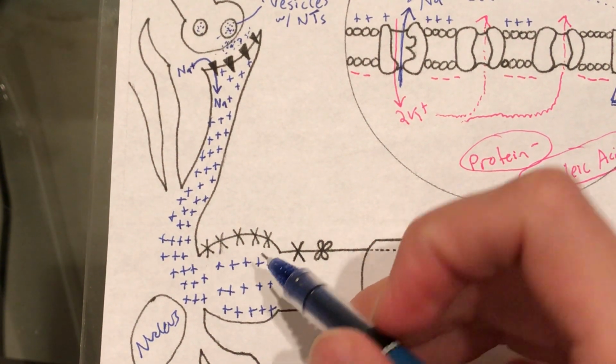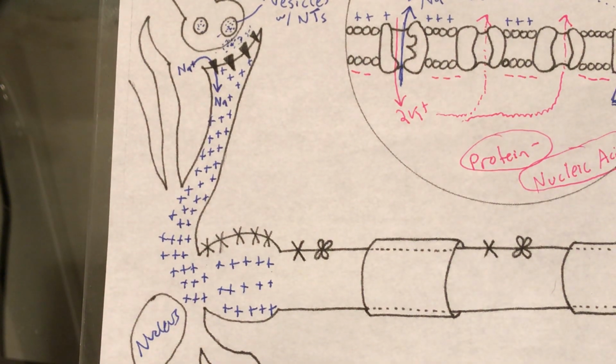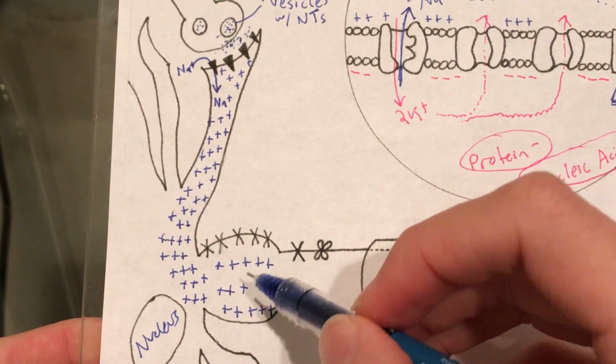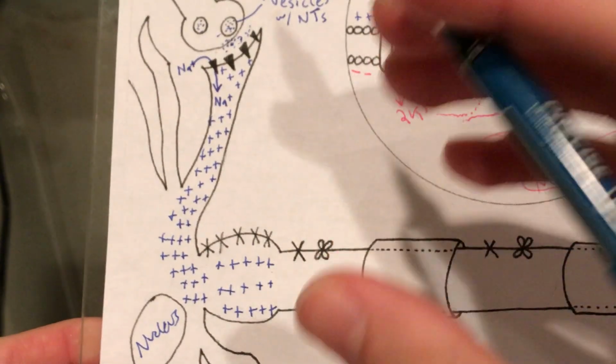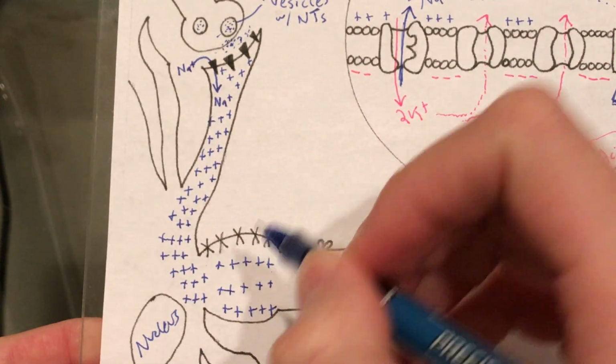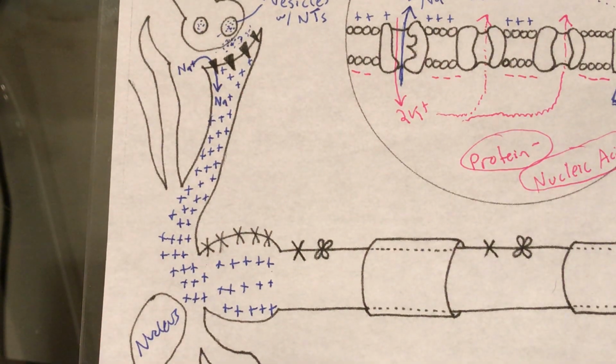But technically, maybe it's still going to be around -60, -57 millivolts, something like that. So still technically negative, but just less negative. Anyway, once enough of these positive ions come into this area and reduce the negativity enough, then that activates these voltage-gated sodium channels.